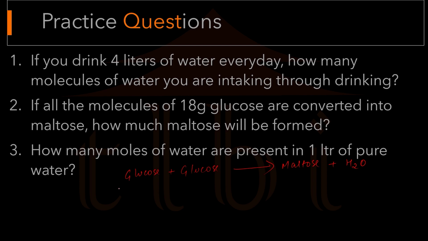And I will not give the formula, you can calculate the formula from the glucose molecular formula which I had given earlier in the lecture. Okay, you add up both and then you remove the water, you will get the formula for maltose.